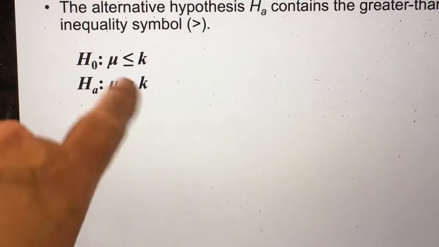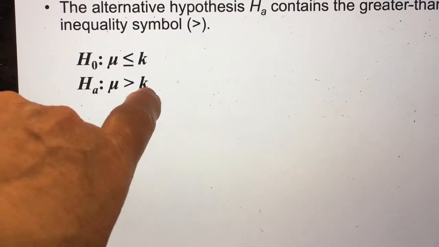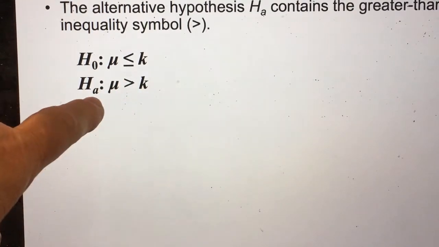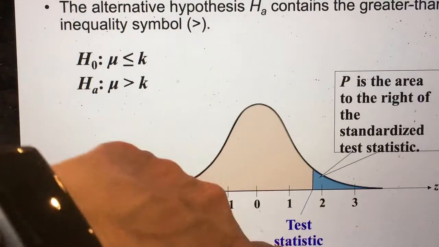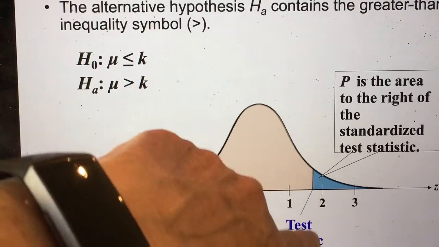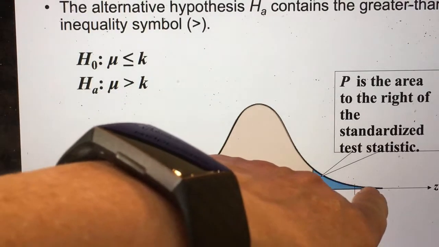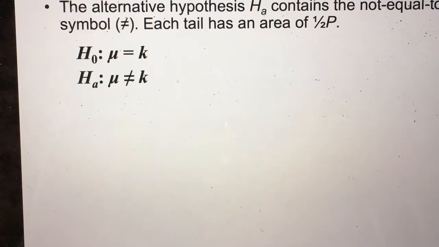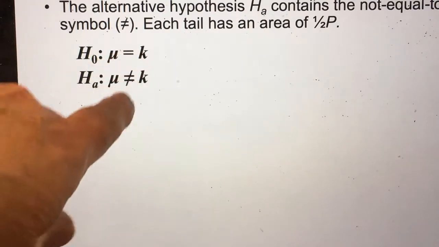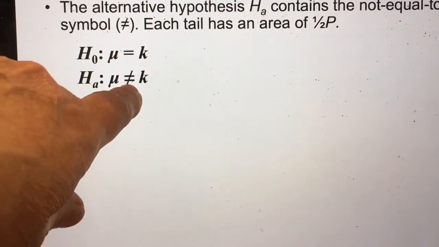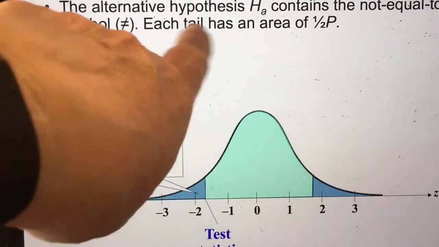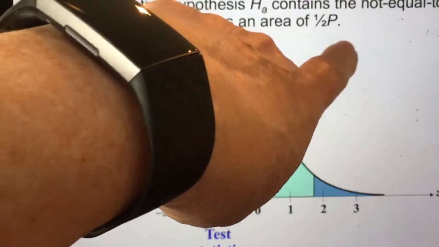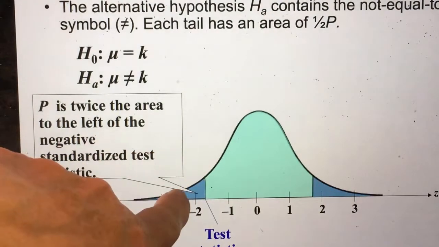A right-tailed test, you see our mean is greater than K for our alternative hypothesis. So we have a right-tailed test. And our standardized test statistic is here. And then the area to the right of it will be our rejection region. And then when we have a not equal to, we're going to have a two-tailed test. So here we have split our alpha into two parts.